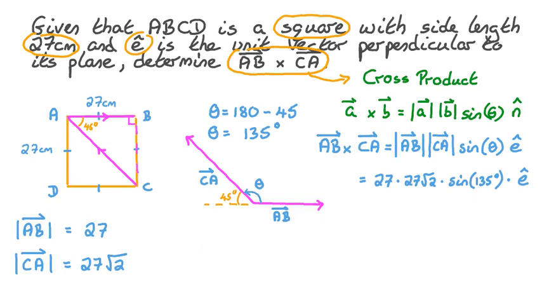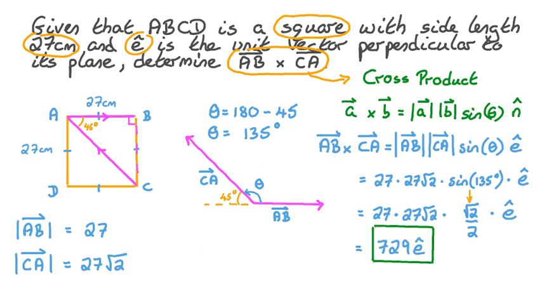Substituting in our values, we have 27 multiplied by 27 root 2 multiplied by sine of 135 degrees multiplied by the unit vector E. Sine of 135 degrees is equal to root 2 over 2. We need to multiply this by 27, 27 root 2 and the unit vector E. Root 2 multiplied by root 2 over 2 is equal to 1.